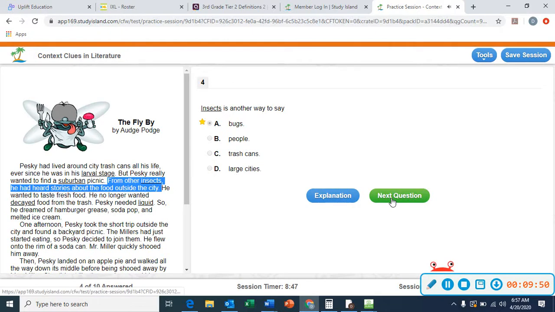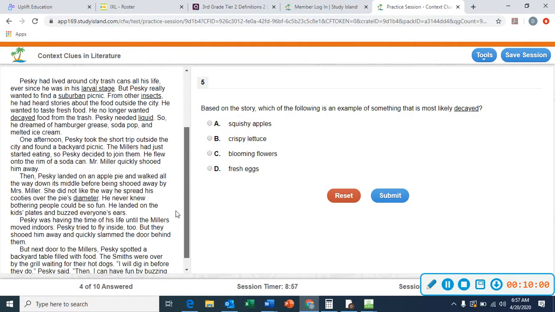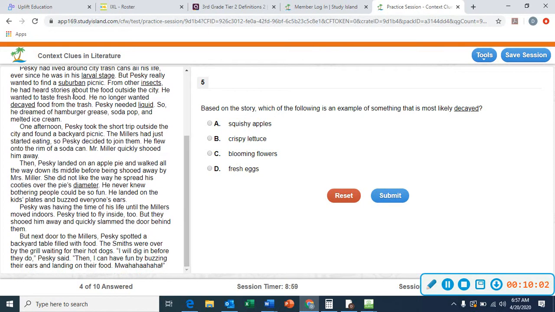Based on the story, which of the following is an example of something that is most likely decayed? Well, let's go to this paragraph where we find the word decayed. Highlight that sentence. He no longer wanted decayed food from the trash. We don't have examples of decayed food, but we know where we find it, in the trash.